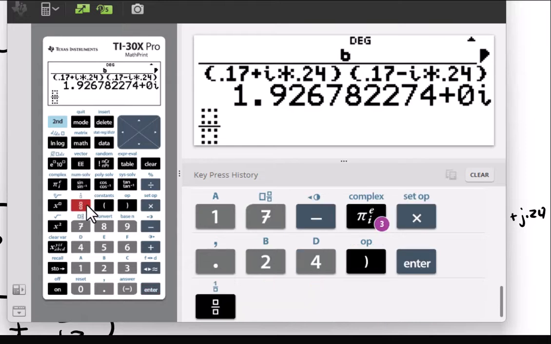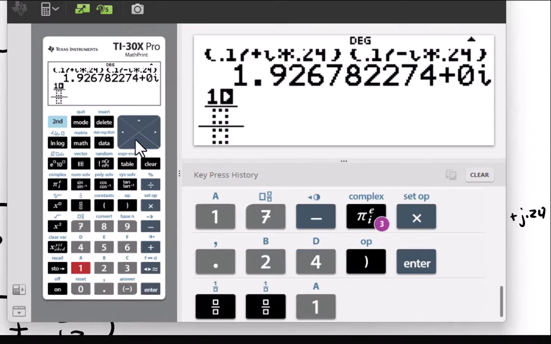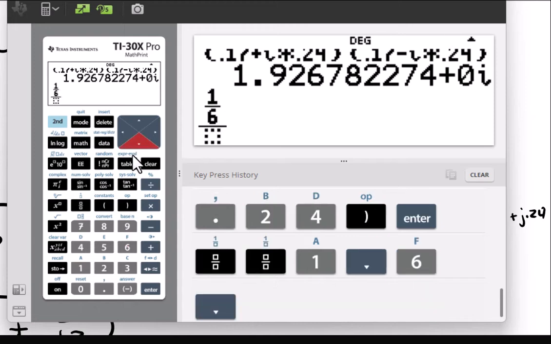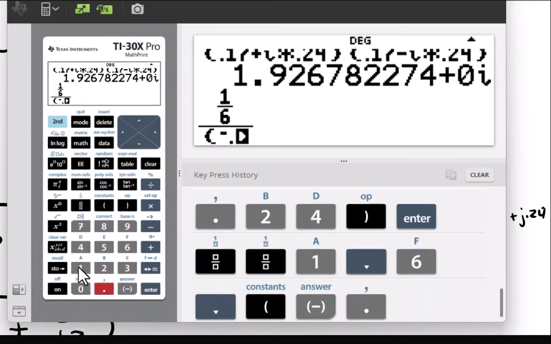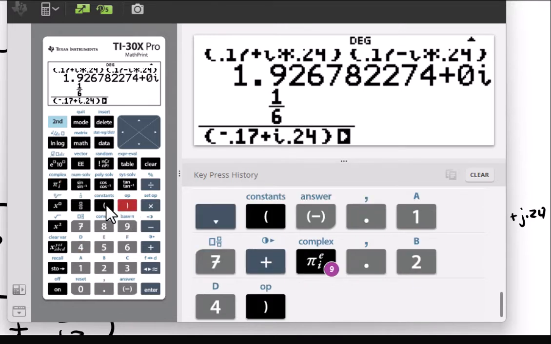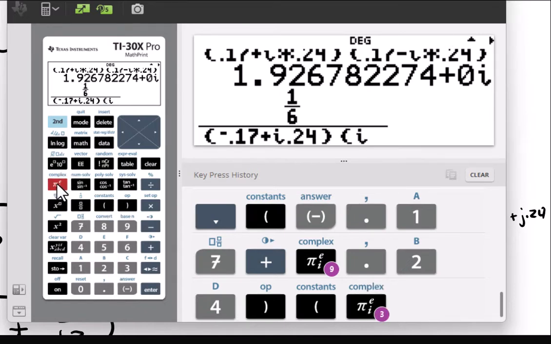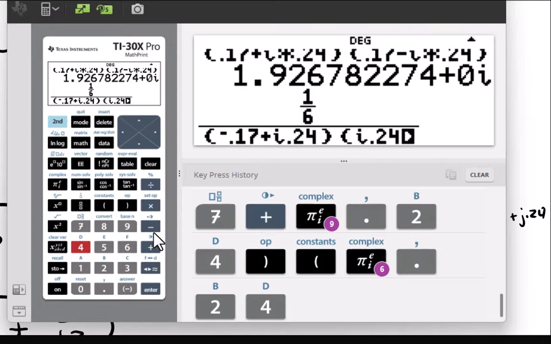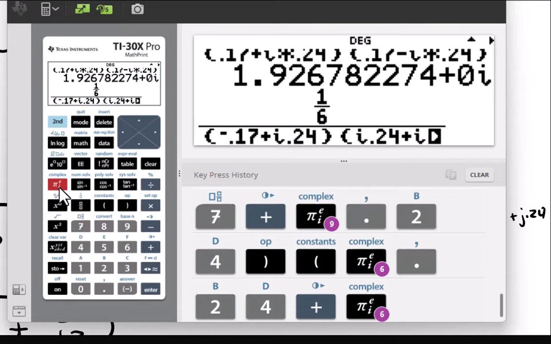And then we'll have 1/6 over minus 0.17 plus J.24 times J.24 plus, how do you think I could get this, J.24, 0.24.